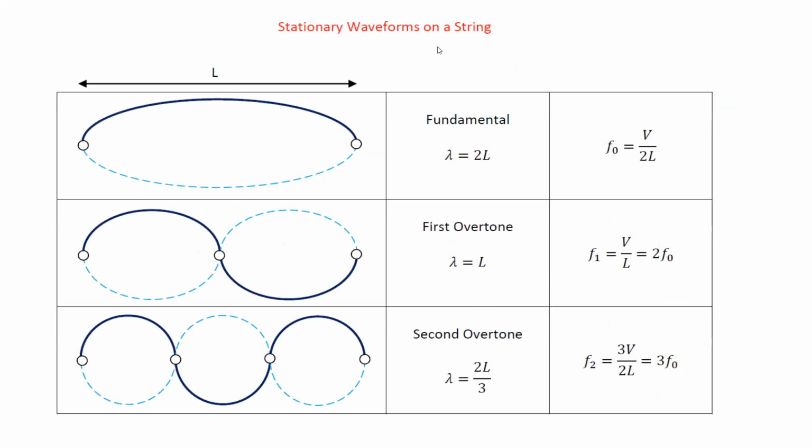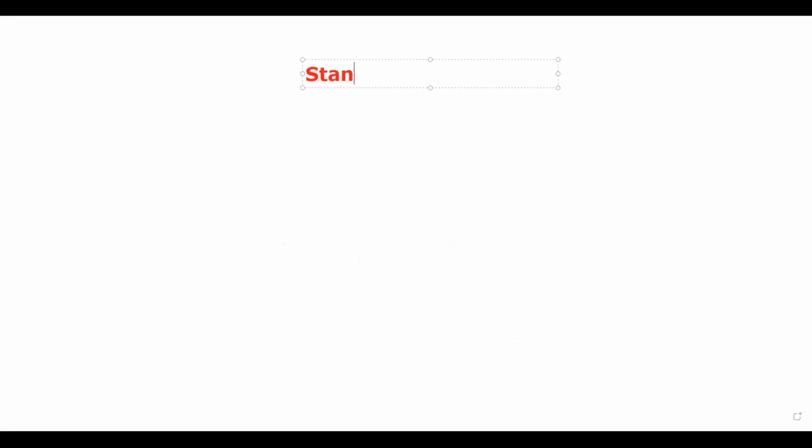Now, a standing wave can be produced in a pipe, or it can be produced in a string. So you have to learn the two cases.